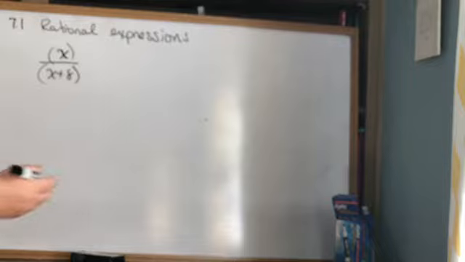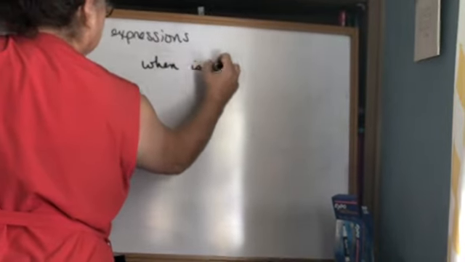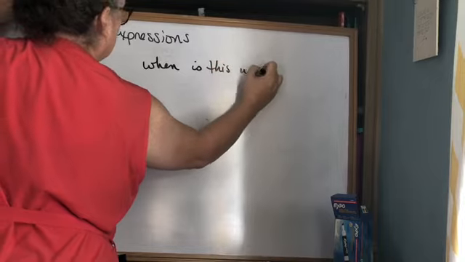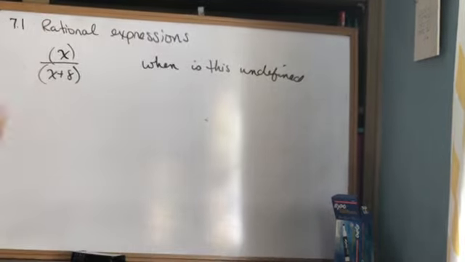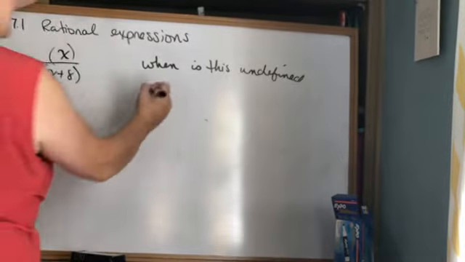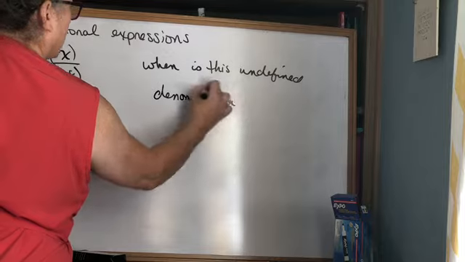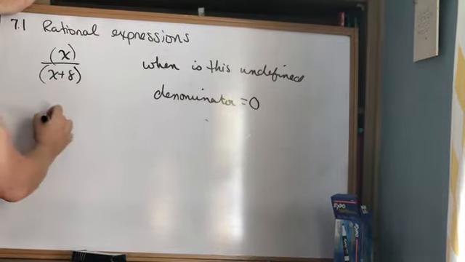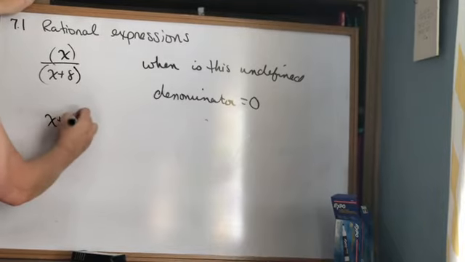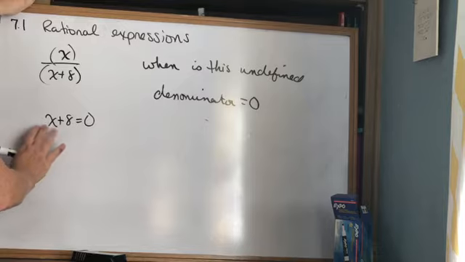So if I want to know when this is undefined, what makes fractions and rational expressions undefined? It's when the denominator equals 0. So I'm going to take this denominator and set it equal to 0 to find out when I do not want it to be there, what x I do not want it to be.